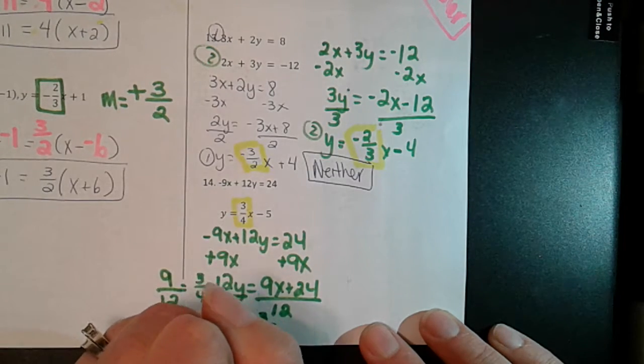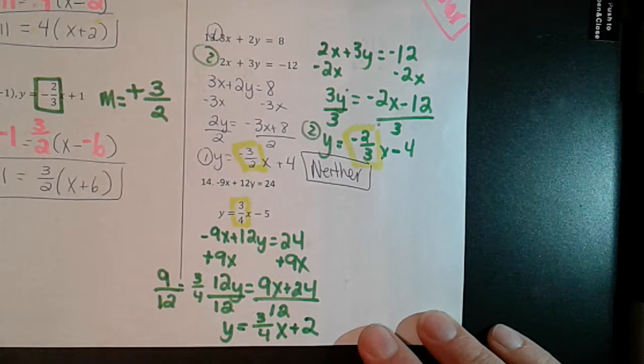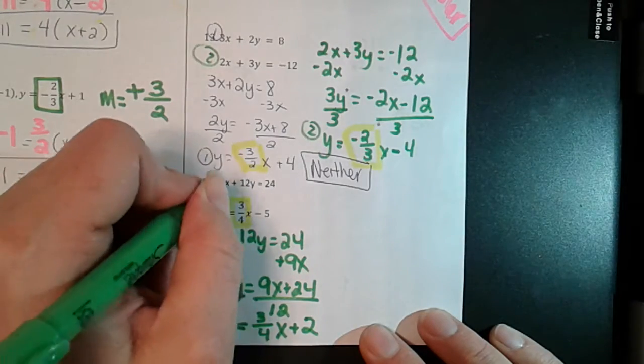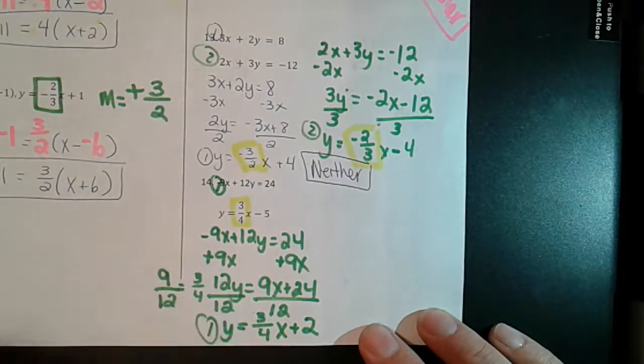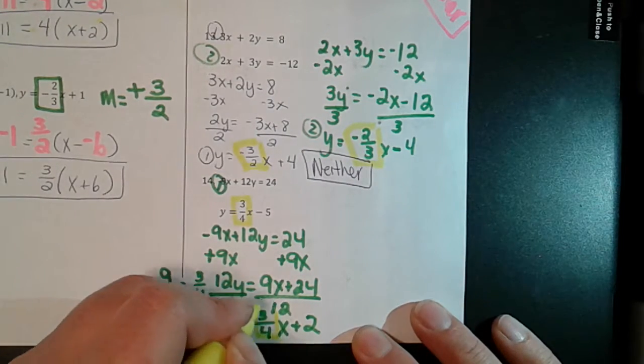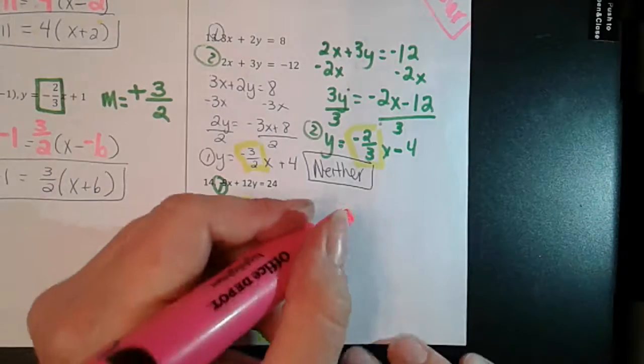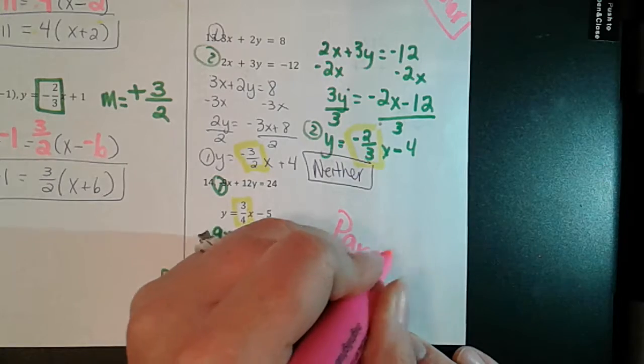So that's 3/4 x plus 24 divided by 12, which is 2. Now this equation and this equation are the same line, just written in different forms. We have the slope of each found, and we notice that they are the same, which makes these lines parallel.